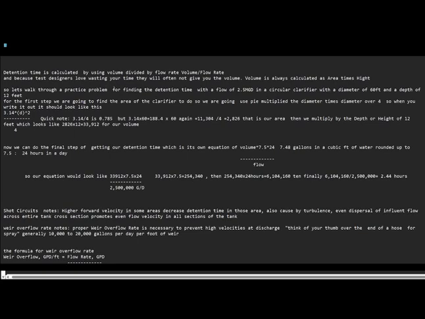So let's walk through this practice problem for finding the detention time with a flow rate of 2.5 million gallons a day in a circular clarifier with a diameter of 60 feet and a depth of 12 feet. For the first step, we're going to find the area of the clarifier. To do so, we're going to use pi multiplied by the diameter times the diameter over 4.